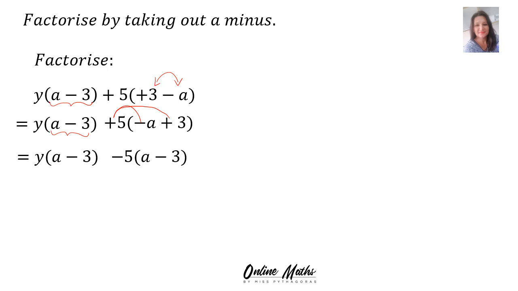So all the signs changed, and now the two brackets are a minus 3, a minus 3. I factorize by pulling it out, and I'm left with y, this y, minus 5. And then you put the two directly next to each other without any signs there.